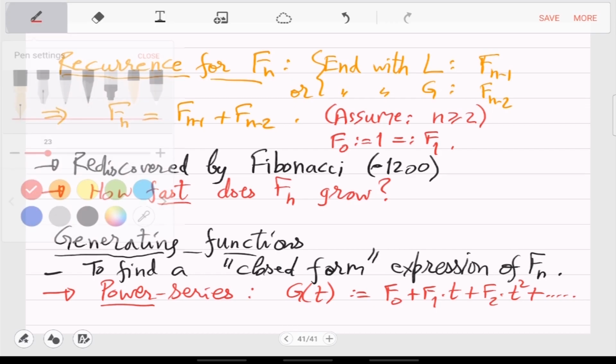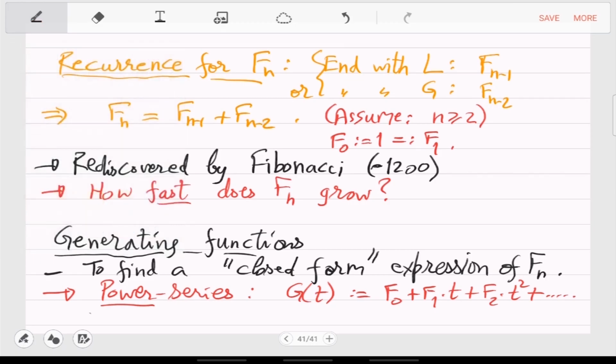You can think of t as a very, very small real number, very, very close to 0.